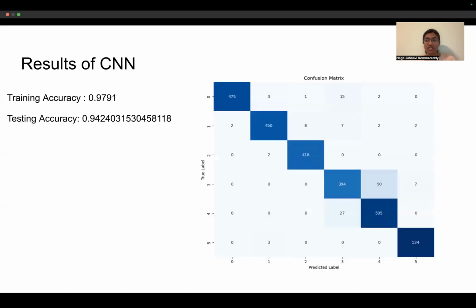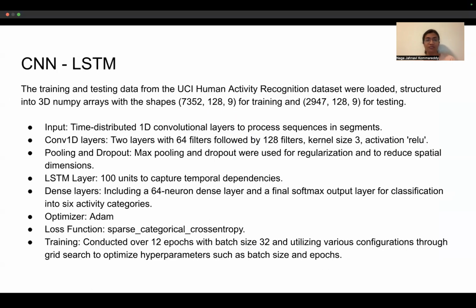The results of CNN are shown here with training accuracy of 97% and testing accuracy of 94.2%. As we can see, the accuracy is clearly above the baseline performance, and the confusion matrix on the right side shows an improvement in the way the classes are being identified than the baseline model.